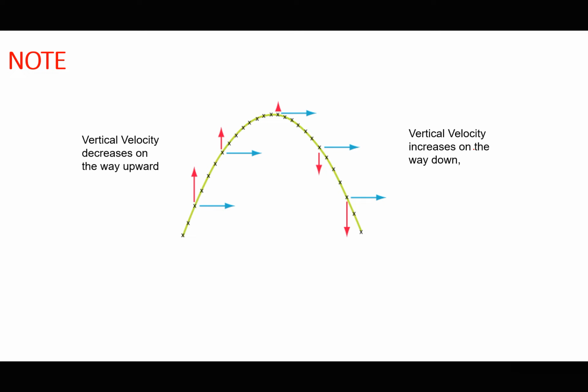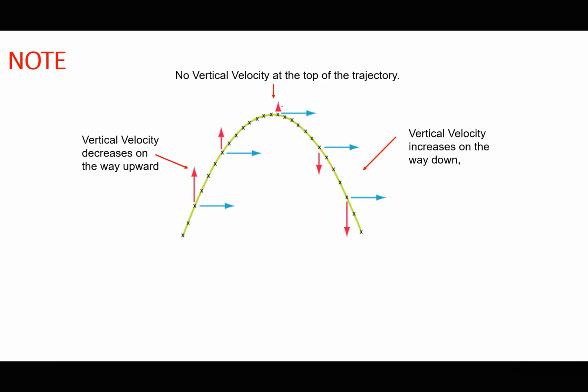The vertical velocity now increases on the way down. That's why we notice that the arrows are showing that going downwards, the vertical velocity is increasing, the arrows increase, but there has been a change in direction, which means there's also been a change in displacement. Initially, going upwards, the arrows are pointing upwards, and going downwards, the arrows are pointing downwards.